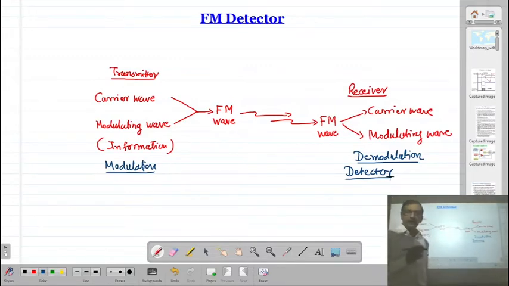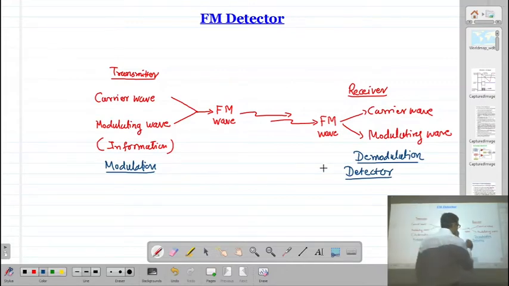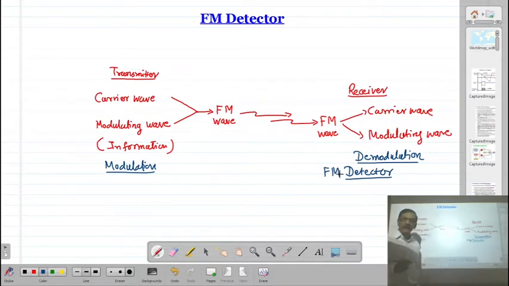Now here we are demodulating an FM wave, so you require an FM detector circuit. In the same way, if we have an amplitude modulated wave, then we require an AM detector circuit. So basically, what is the function of an FM detector?